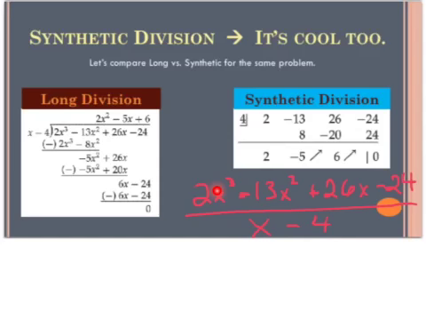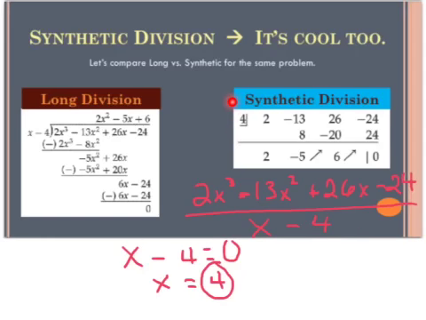So what we have to do first is solve the x minus 4 and put it equal to 0. So x minus 4 equals 0, that's going to lend itself to x equals 4. So that 4 right here shows up right here in that little backwards L shape.